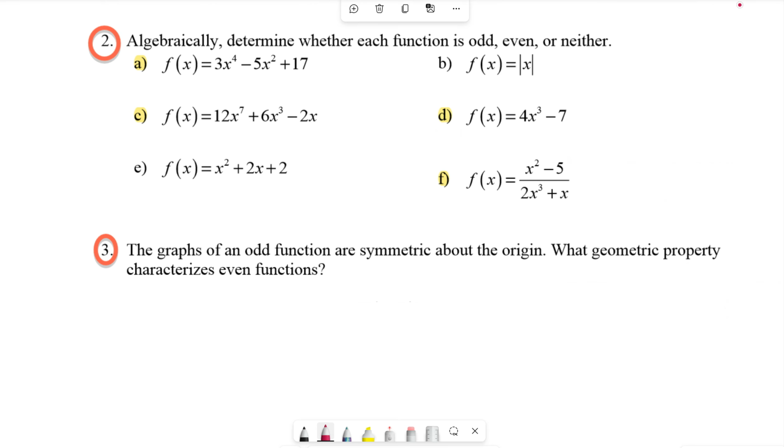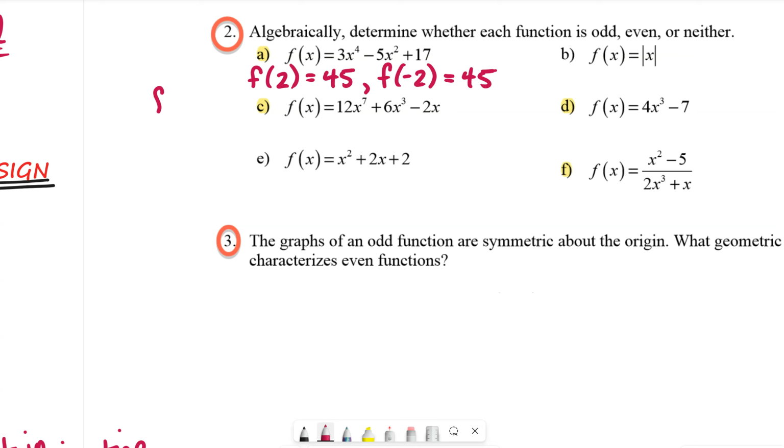So -2 and +2 gave us output values of 45. So I can easily say, since f of 2 gave me a 45 and f of -2 gave me a 45, I know by definition that f of x was the same as f of -x.